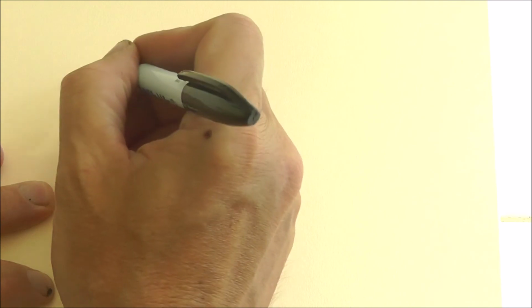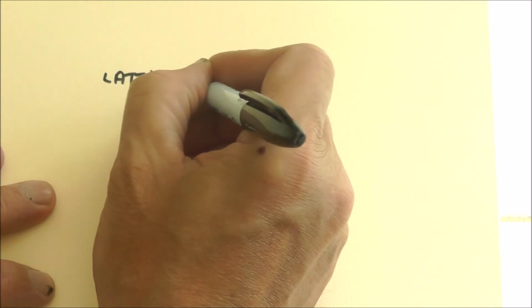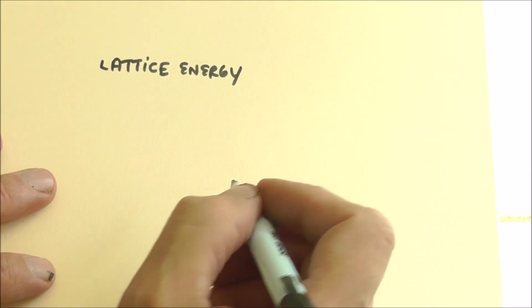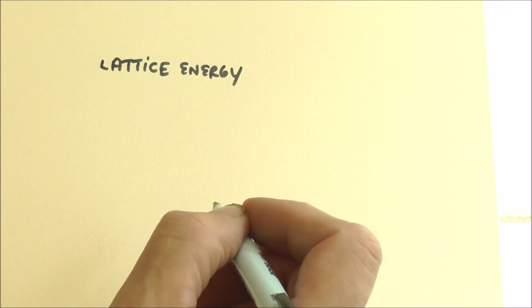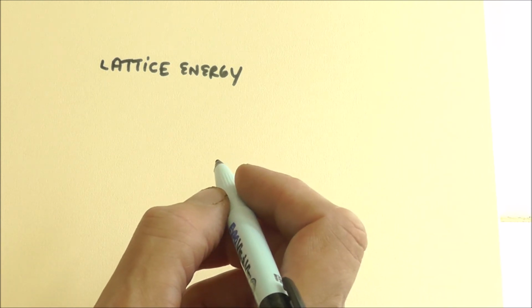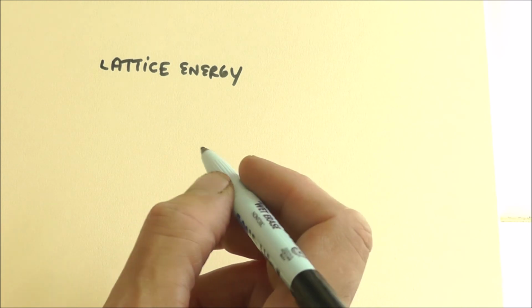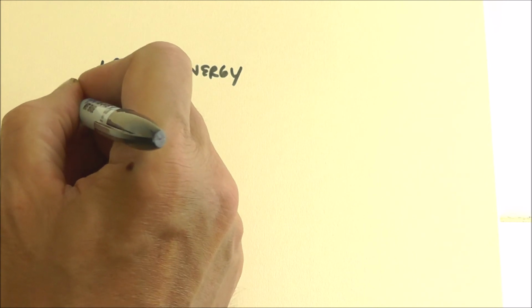So let me talk about lattice energy. You might have already studied that in Gen Chem 1 if you talked about the Born-Haber cycle. But there's sometimes when we're going to talk about ionic bonding in greater detail, lattice energy is, let's say that this was sodium chloride.